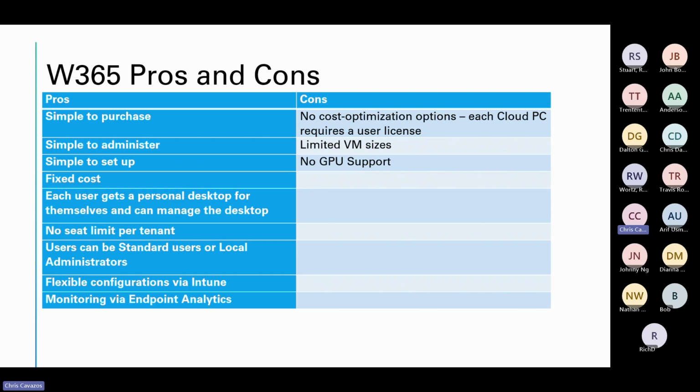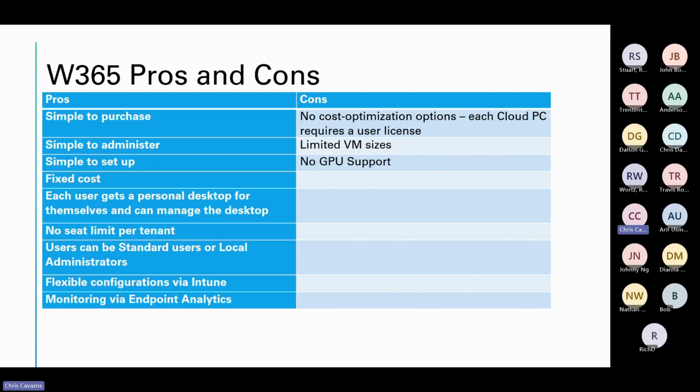The cons, and again, it's subjective from my point of view. There are no cost optimization options. Your cost is going to be what it is, whether the cloud PC is utilized 24/7 or not at all. Also, you have limited VM sizes.